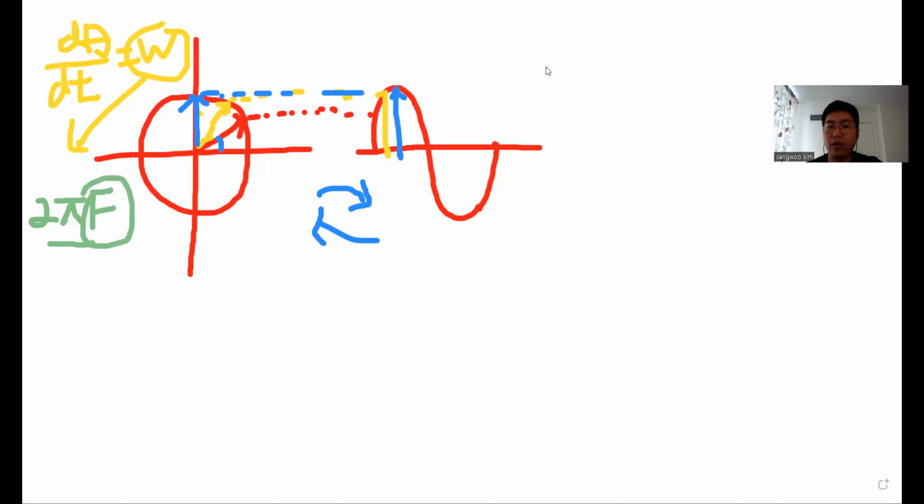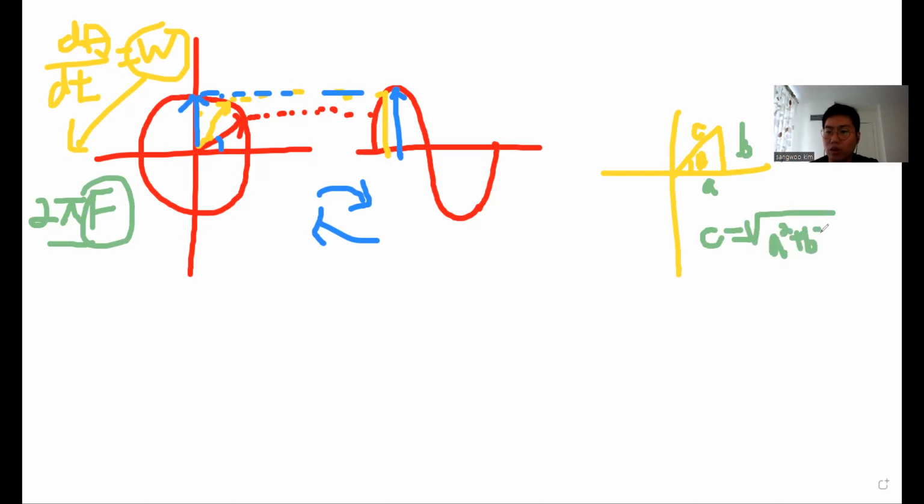Got it? And also we could explain it this way. Look at that. We know theta, right? But we also know this magnitude, right? So with A and B, the magnitude is root of A squared plus B squared. And we want to know the angle. The angle here is tangent, right?